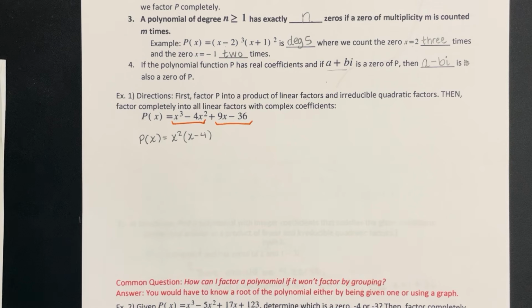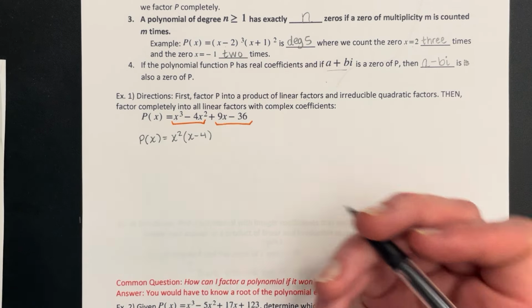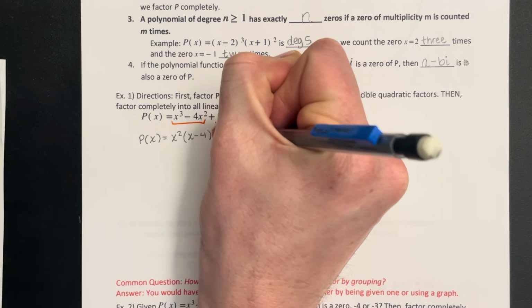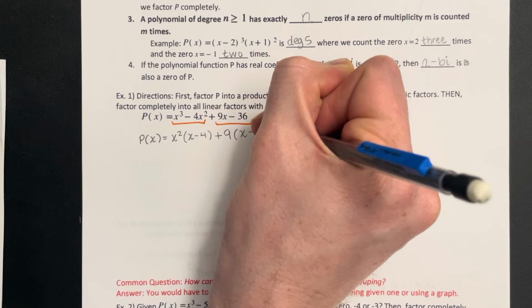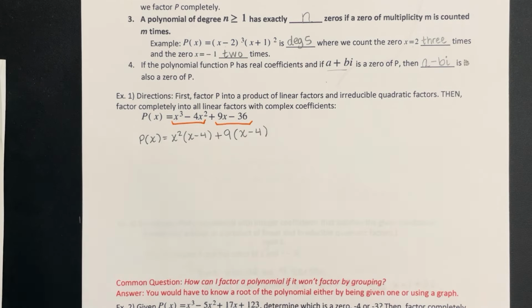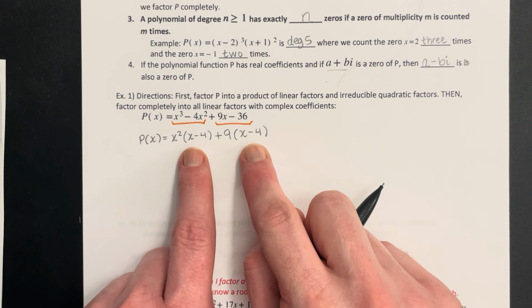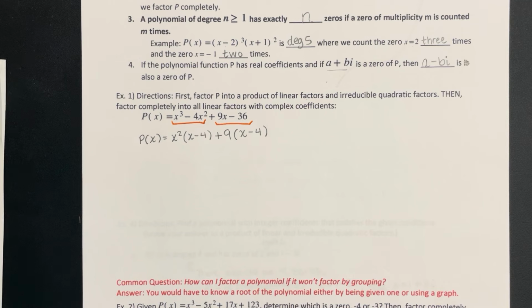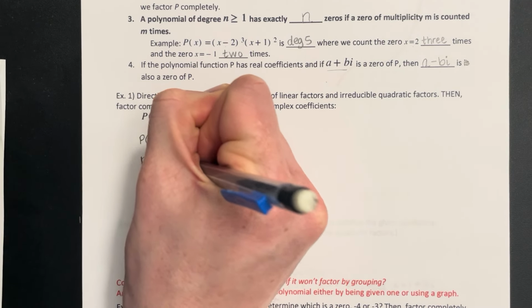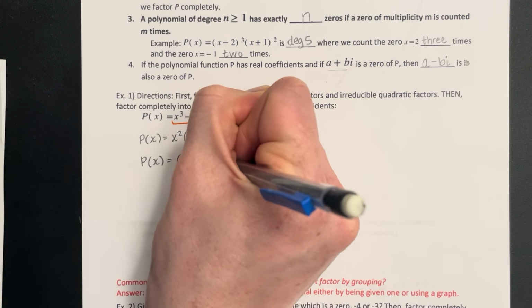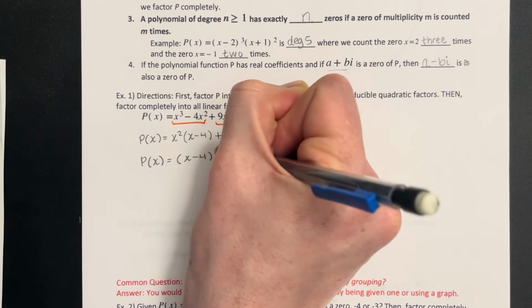Then we look at the second pair. 9x minus 36 has a GCF of 9. That would be plus 9 times x minus 4. Because these x minus 4s match, we do have a common factor of x minus 4. So we can write p of x as x minus 4 times x squared plus 9.